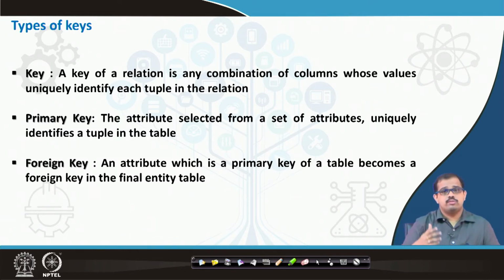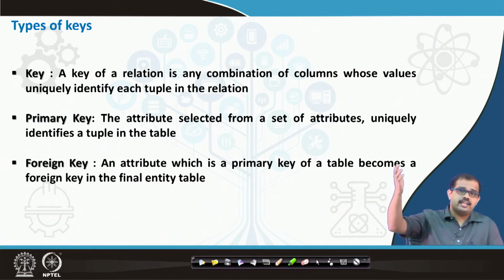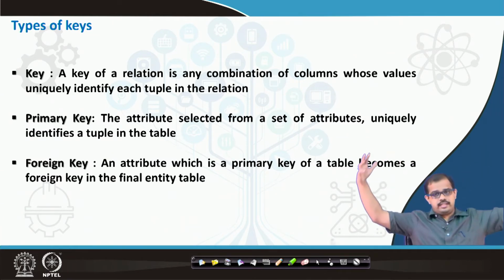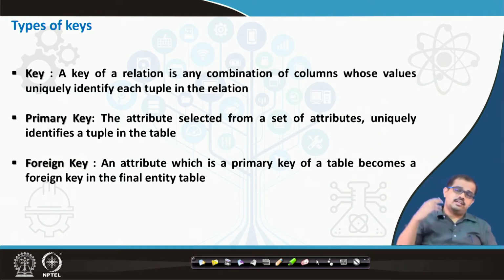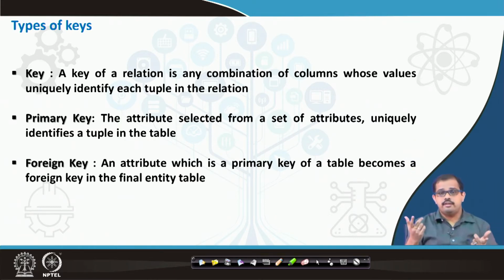A foreign key is a primary key of a table that becomes a foreign key in another entity table. Which means when you are building up the entire database, the primary key you have denoted, connecting maybe 2 or 3 or 4 more tables required for your database, becomes a foreign key for the different tables that exist in that database.